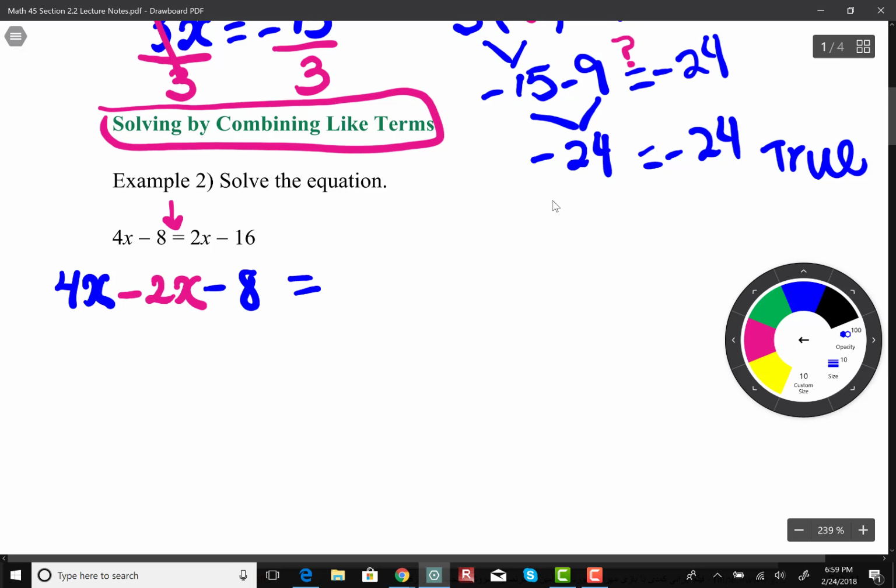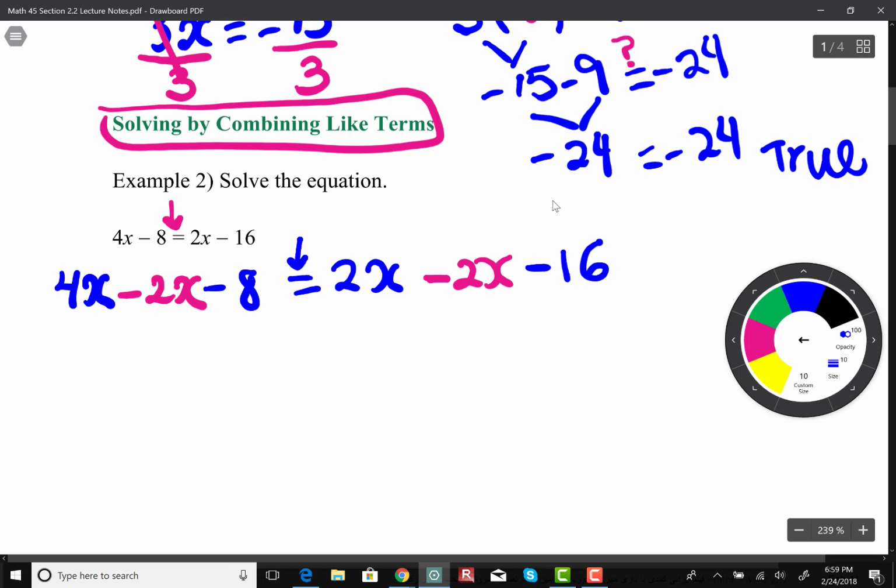I have to do the same thing on the right side. The blue ones are the ones that I had from the first step. I only added negative 2x to both sides of the equation. Again, the sides are separated by the equality sign. So if you do negative 2x on this side, you have to do it to the other side.